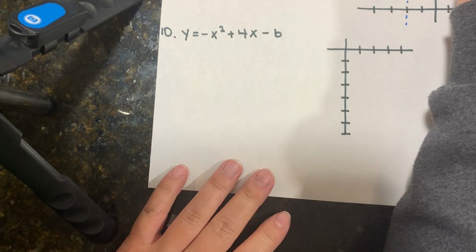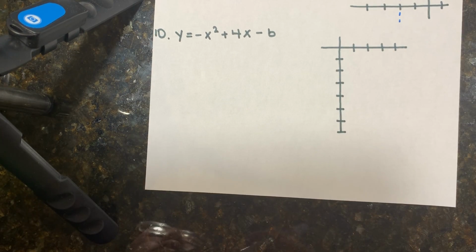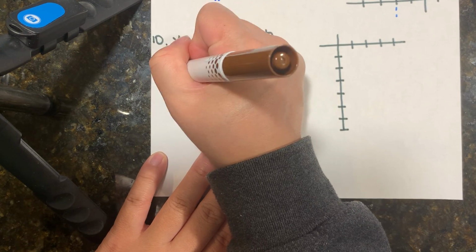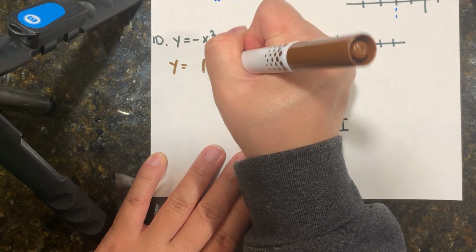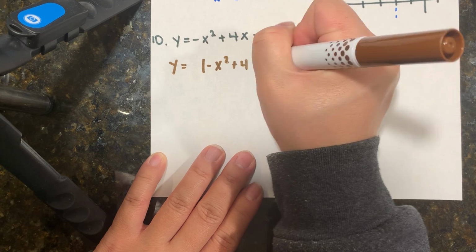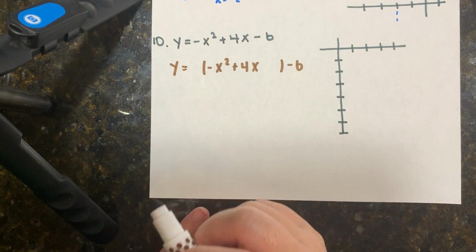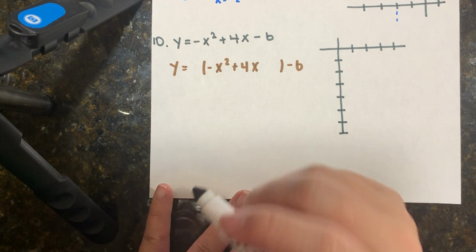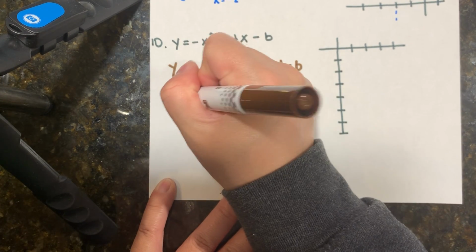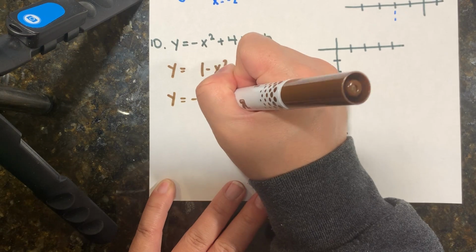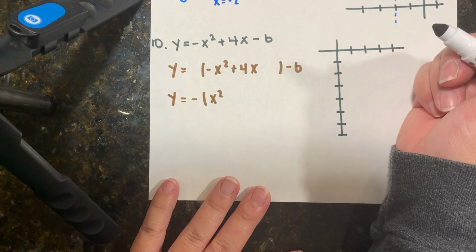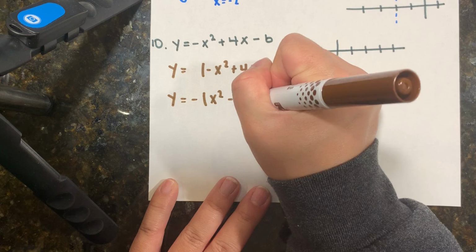So for number 10, the first thing that you're going to do is put all the x's in parentheses, leaving the 6 on the outside. You can't complete the square when there's a negative attached to the x squared, so you're going to factor that out. And you do factor it out of both terms. This would turn into positive x squared. This would turn into negative 4x.